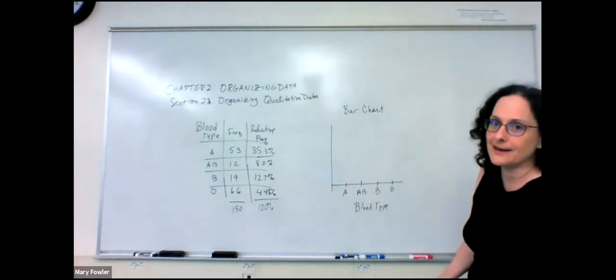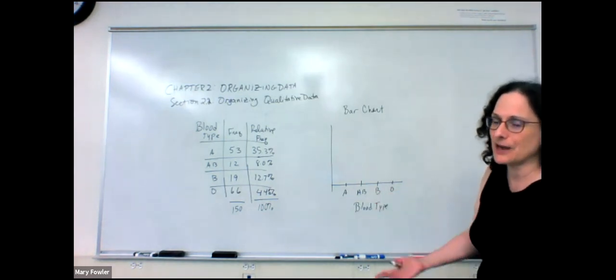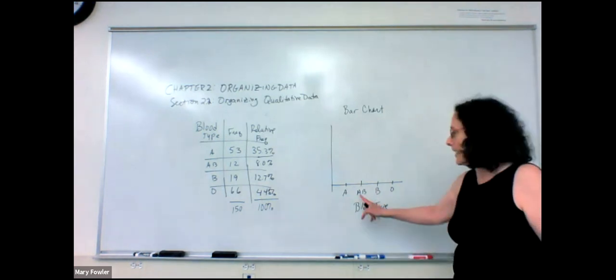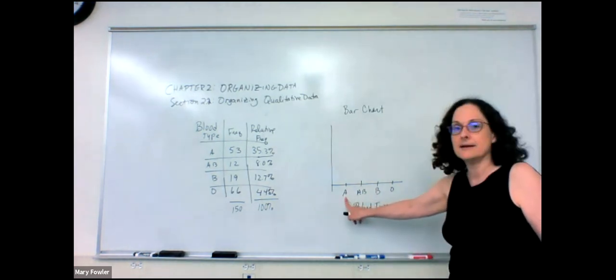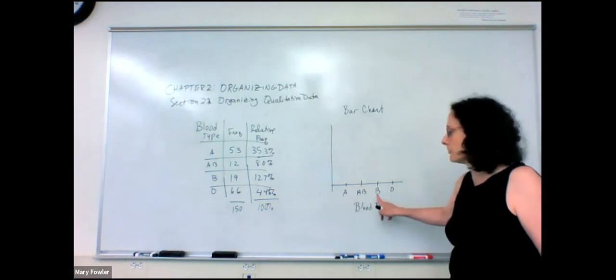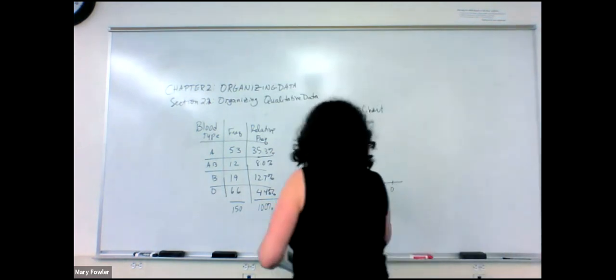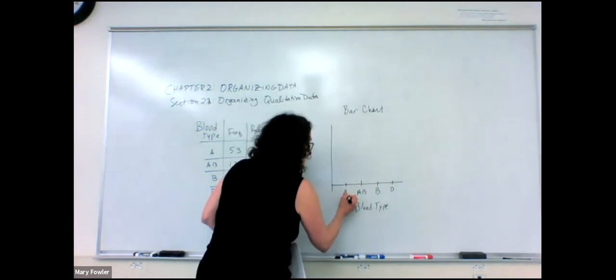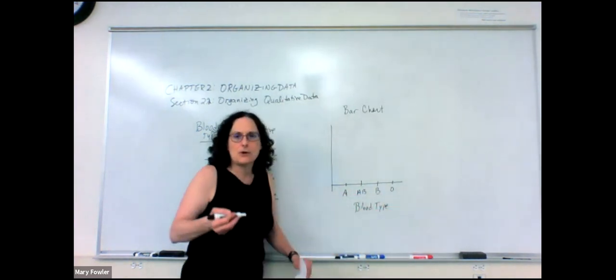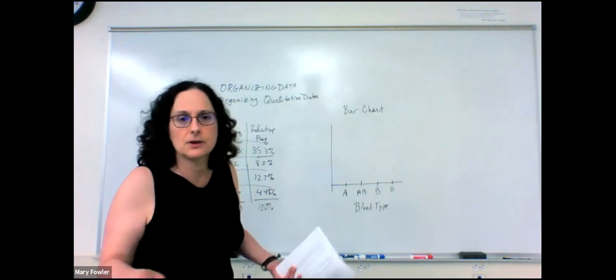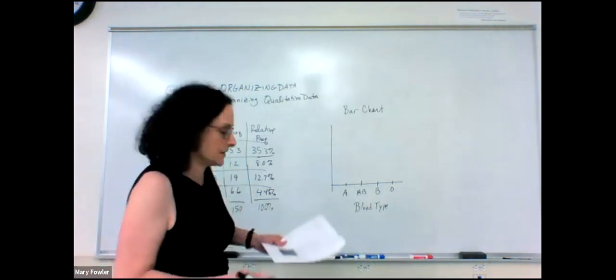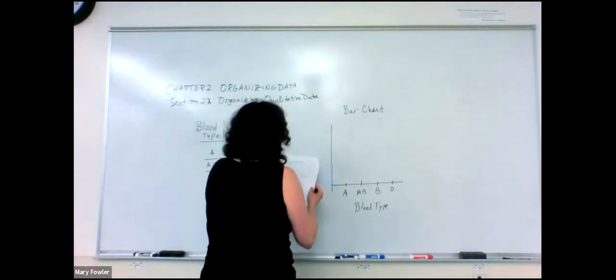But they don't mean anything because, as we talked about last class, blood type A, the type itself, is not bigger or smaller than blood type B. Certainly alphabetically, A comes before B, but those are just labels, and they really don't have anything to do with the size.